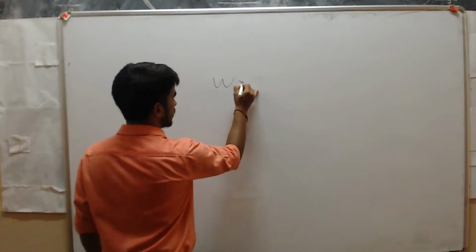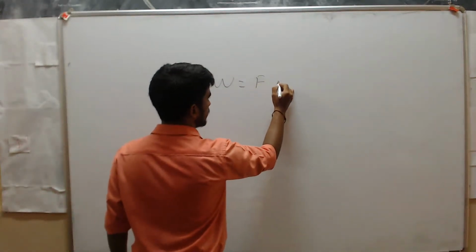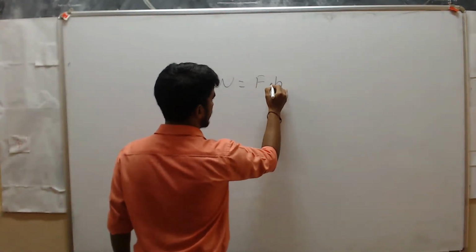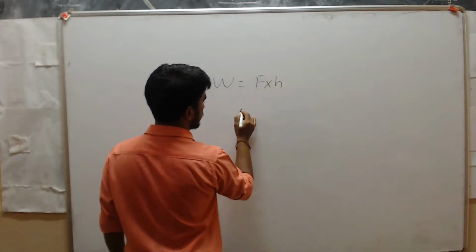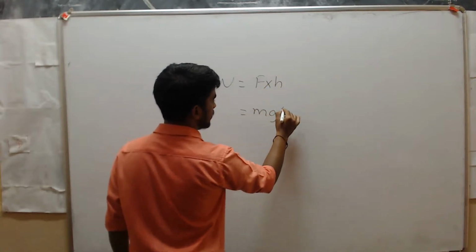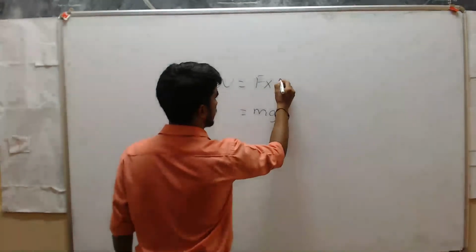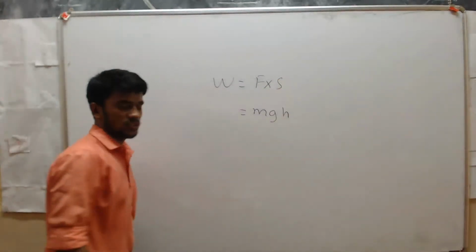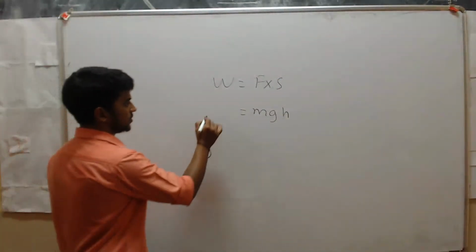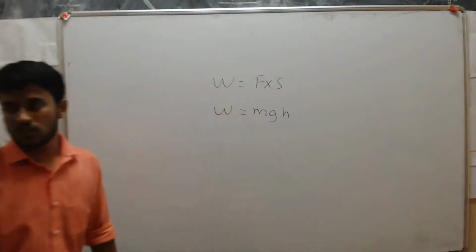Then work done W is equal to force into displacement. Here displacement is h, so S is equal to h. So work done is equal to m into g into h.